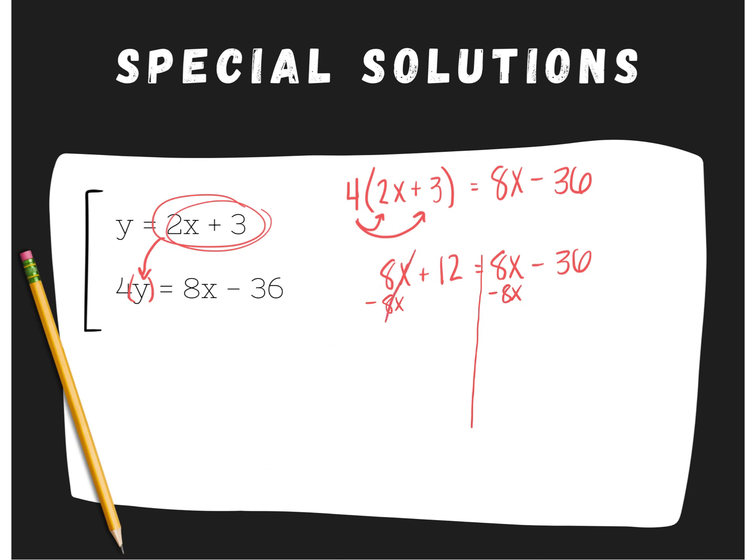I have no x's left on the left-hand side. In fact, I have no x's left on the right-hand side. But this says that 12 is equal to negative 36, which is not true. When you get a not true equation, essentially, I get two things that are not equal, that means that this system has no solution.